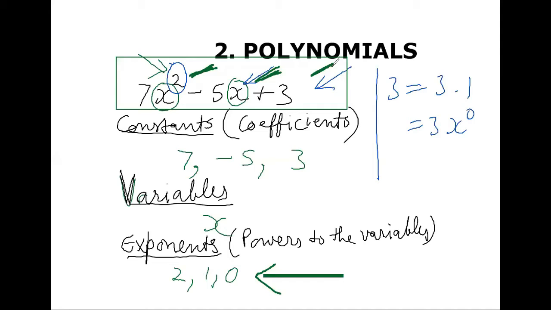Take one more example. Now, let us take this example. Suppose 3x square minus 1 over 3x square. Is this a polynomial or not? Before we go to this question, let us first see what are the variables.